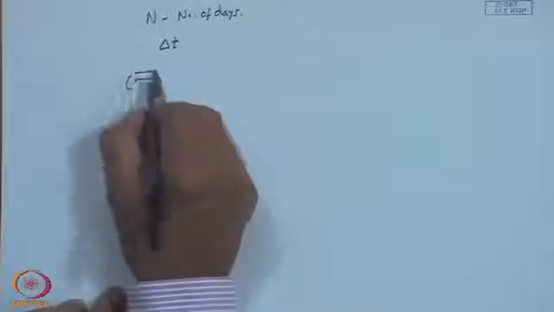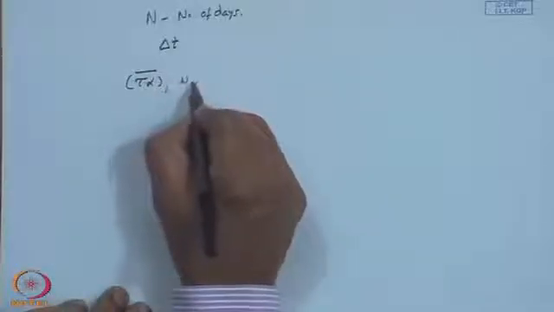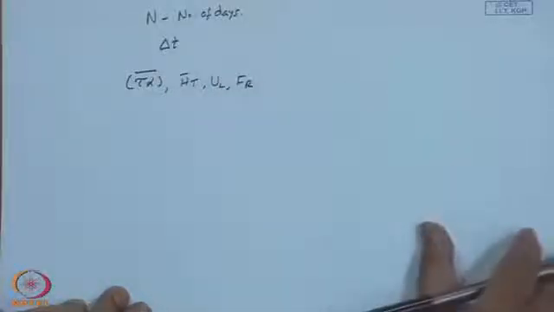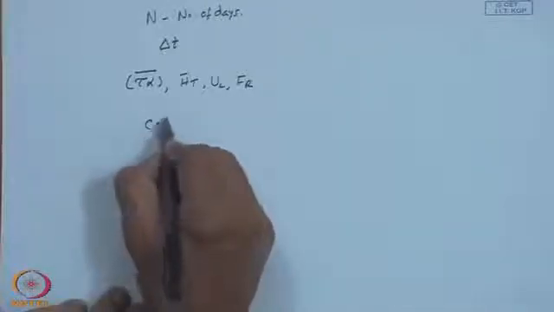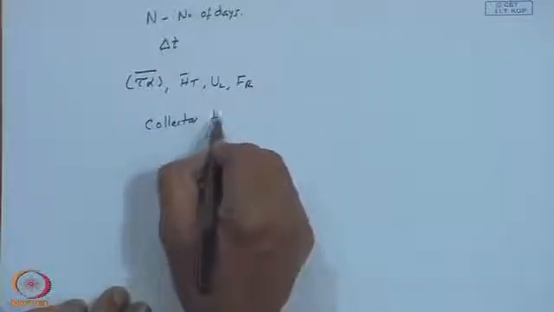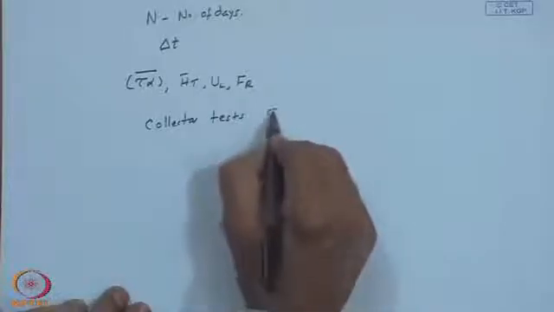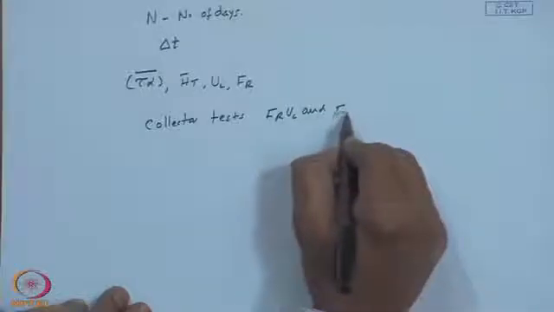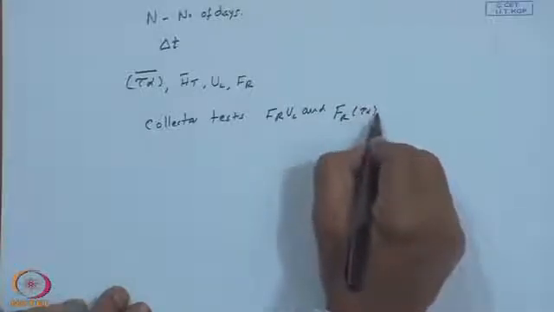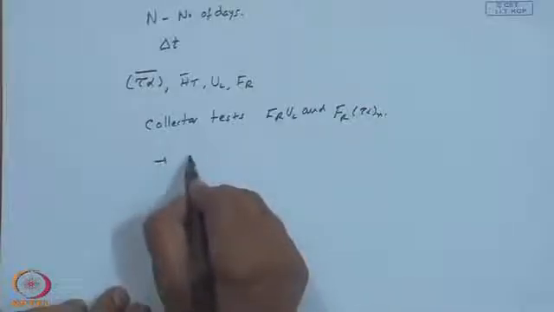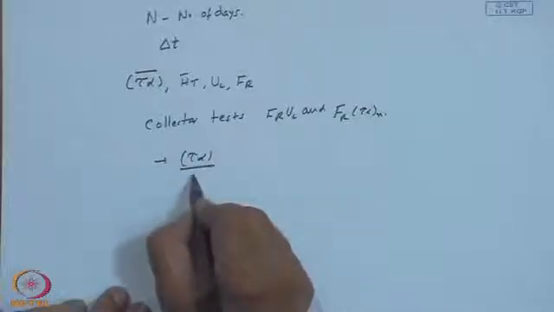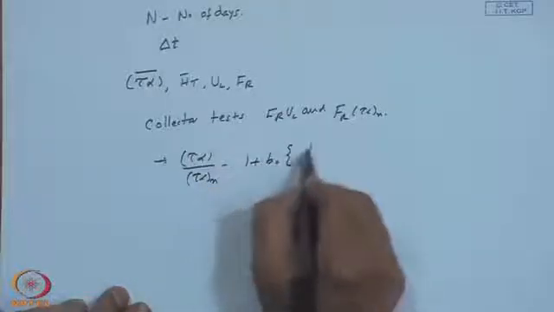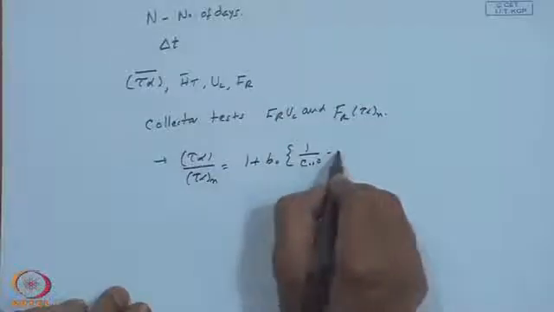So, now we have spent time calculating tau alpha bar, H T bar, UL, FR, right. Of course, from the collector test you can get FR UL and nearly FR tau alpha normal, from which you can have the ASHRAE relation: tau alpha by tau alpha n is 1 plus B 0 times 1 by cos theta minus 1.